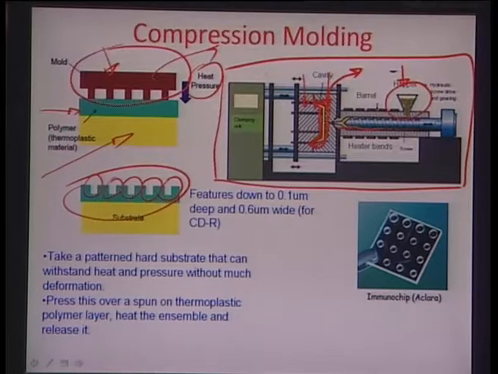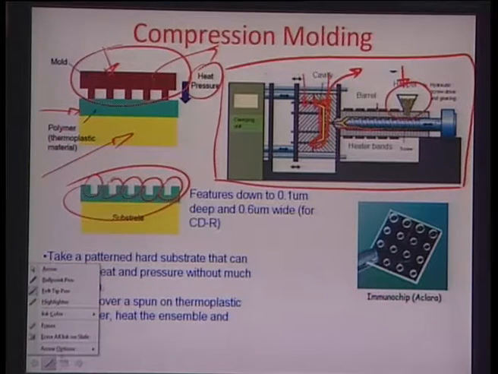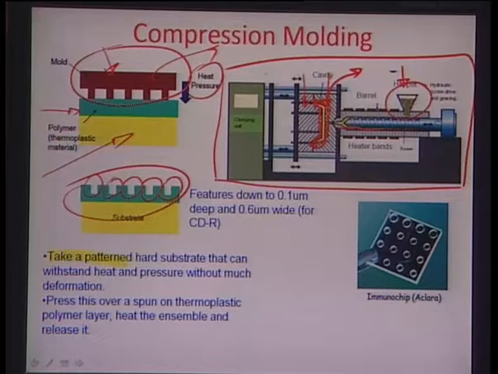In a nutshell, these processes are about taking a patterned hard substrate which is capable of withstanding heat and pressure with minimal deformation, and essentially a thermoplastic material spun over some kind of a wafer is molded by compressing the mold onto this thermoplastic film, and then the ensemble is heated so that it sets the thermoplastic material, and the mold is removed eventually.